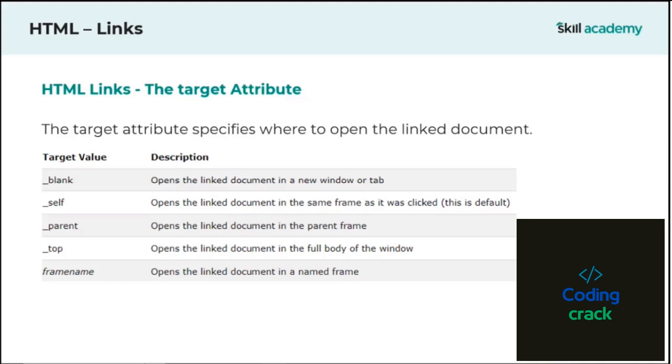So if you use target equals frame name, it will open the linked document in a named frame. And one by one, I will be showing you all the attributes practically. So now guys, we are proceeding towards the practical part, and practically I would like to show you how we can use links, what links can do for us, and what is the purpose of href and this target attribute.